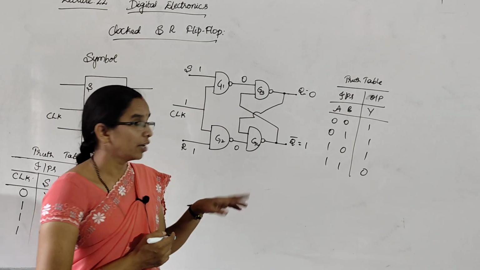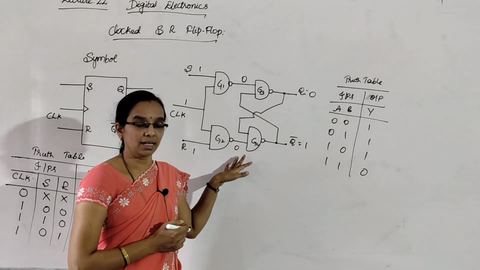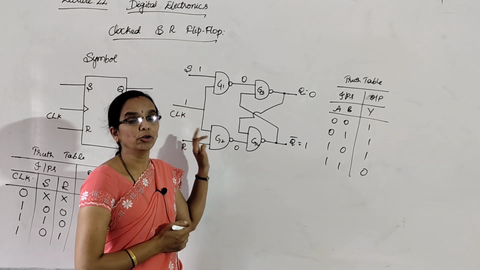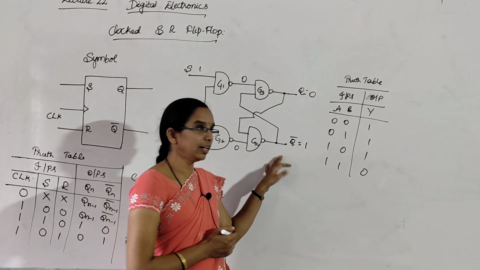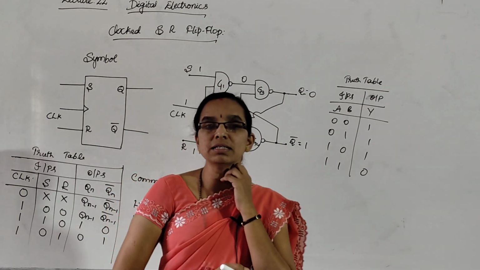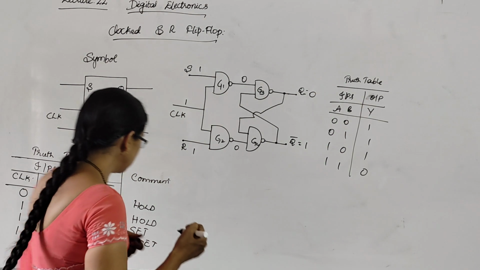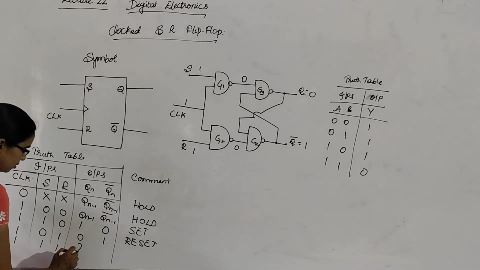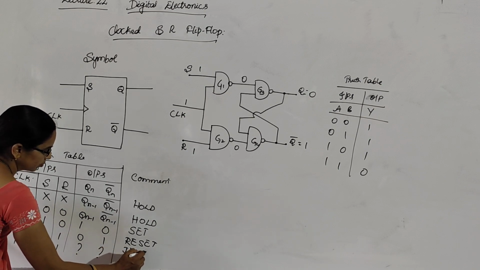Another reason: if both are 1, 1 and you go to the hold state, or you remove the clock, or you make the clock 0, what happens? We cannot predict the state of the Q. That is, an unpredictable state of the flip flop will exist. So, it is an invalid condition. We don't know what Q will be, so it is invalid.